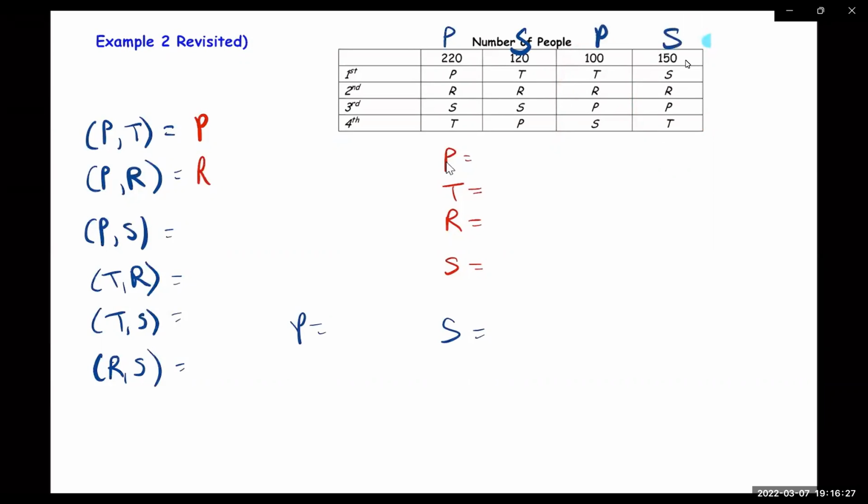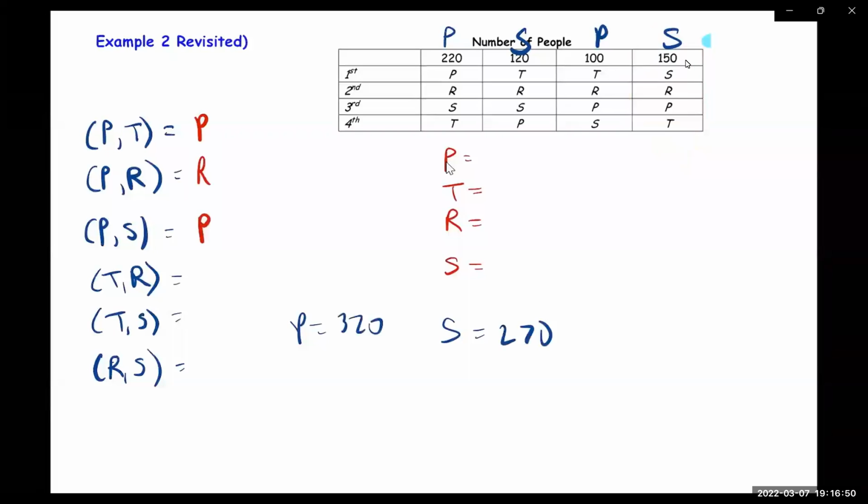I'm thinking out loud. So it looks like S wins that one, P wins that one, S wins that one, P. So 100 plus 220, that's 320. And then 120 plus 150, 270. So P wins that one.